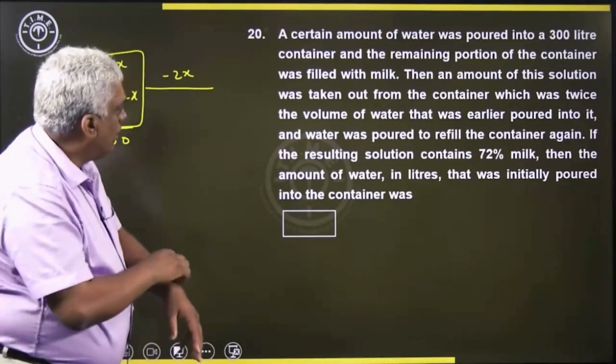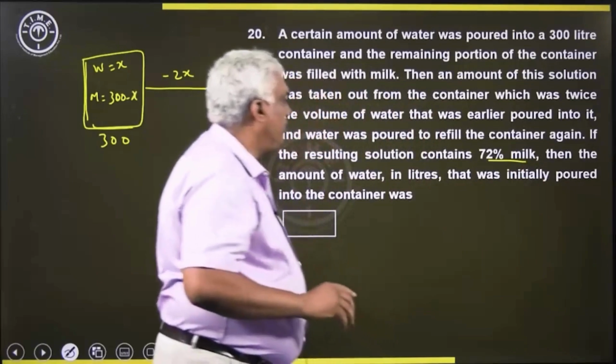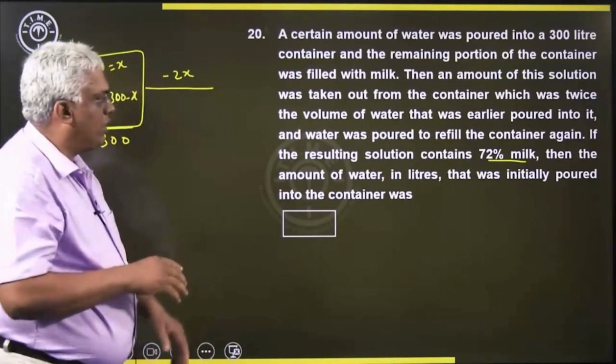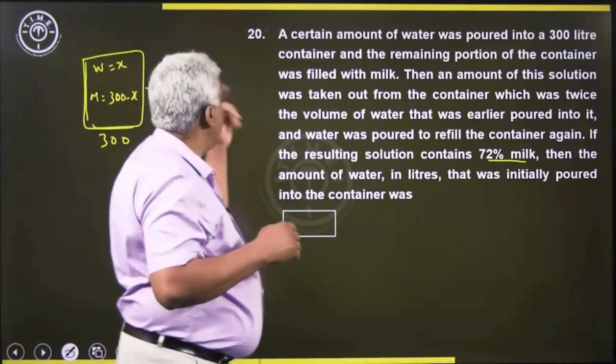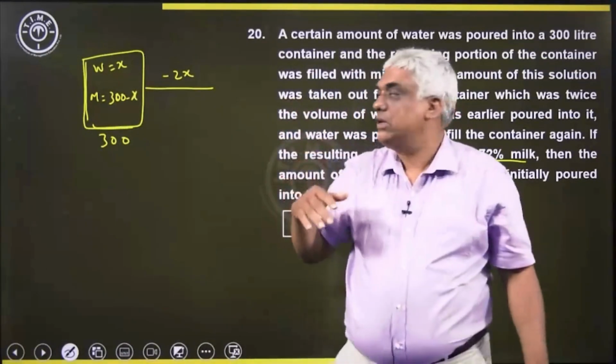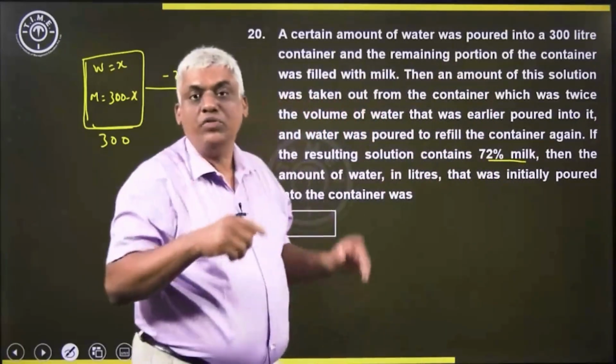If the resulting solution contains 72% milk, find the amount of water in liter that was initially poured in. Now, we know that here 2X liter of solution is taken out and replaced with water. So, we have this formula for the concentration of milk.